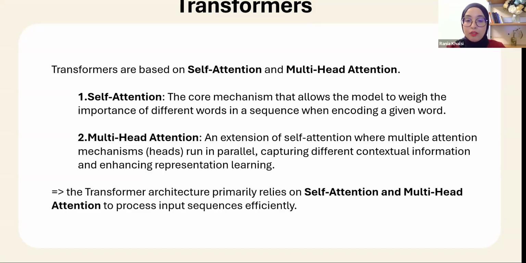Each head focuses on different types of contextual information, and this enables the model to build richer and more expressive representations. So the transformer architecture fundamentally relies on self-attention and multi-head attention to process input sequences efficiently, and to capture both local and global dependencies.